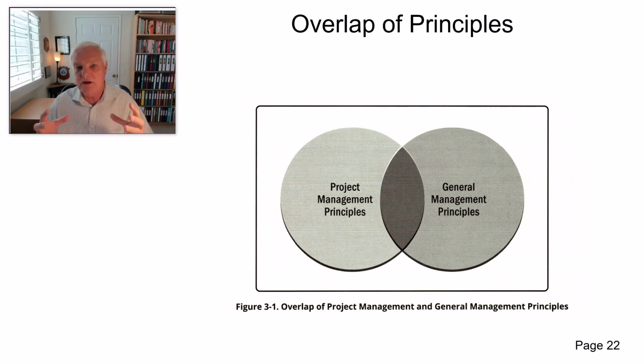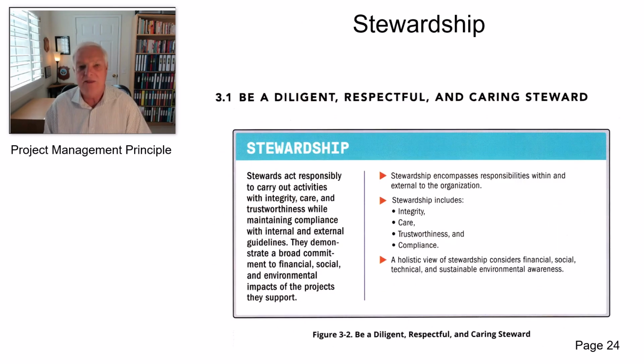VUCA, the VUCA environment: volatility, uncertainty, chaos, ambiguity, and how we handle that, not only from a development of the project and how we address scope, adding to it the opportunity to bring in lean, agile and Kanban type activities, all the way over into how we handle it from a risk perspective, negative and positive risks, how we create burn down and burn up plans, dashboards. All of these are new principles that weren't described previously.